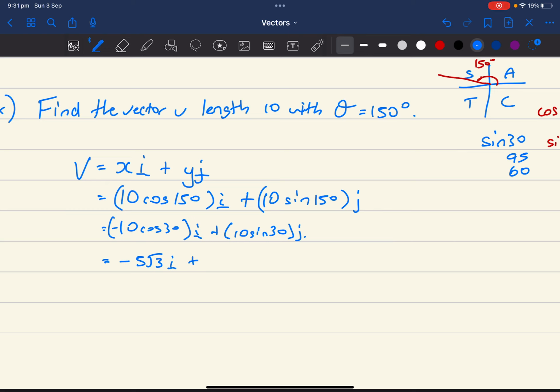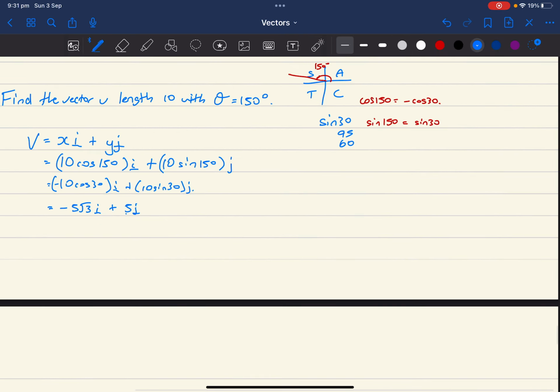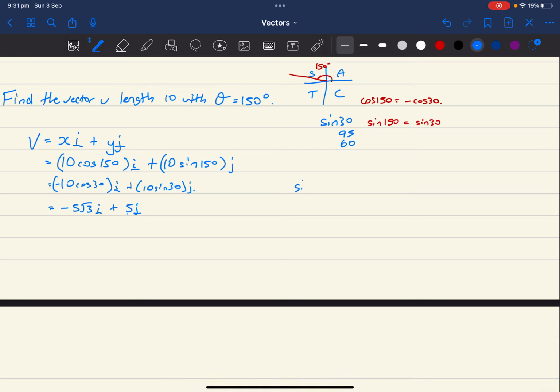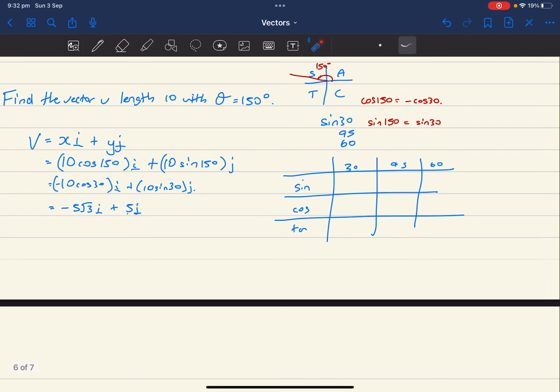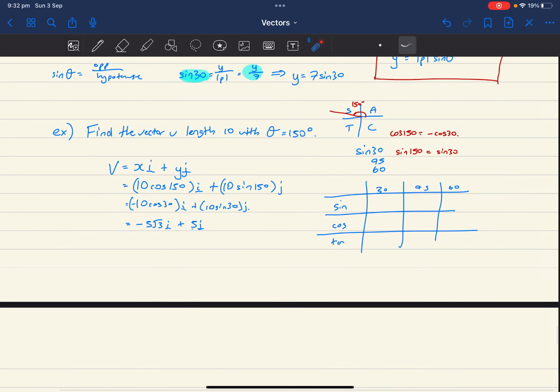And then for your y coordinate, it should be 5j. So if you're not too sure about how I went from here to here, you can simply check the exact values table, right? If you search it up on the internet, it should look something like this: 30, 45, 60. And then they should have a bunch of values in the tables that you simply need to memorize, but it shouldn't be too bad.